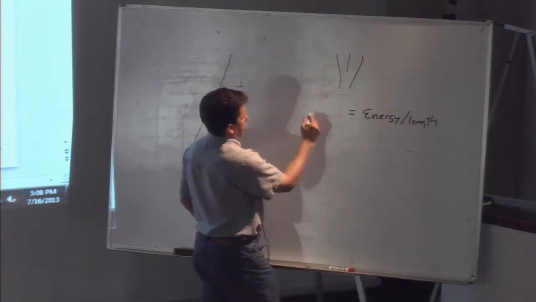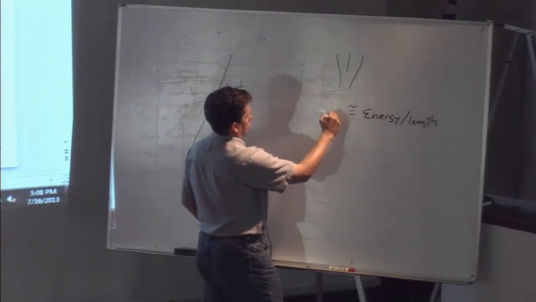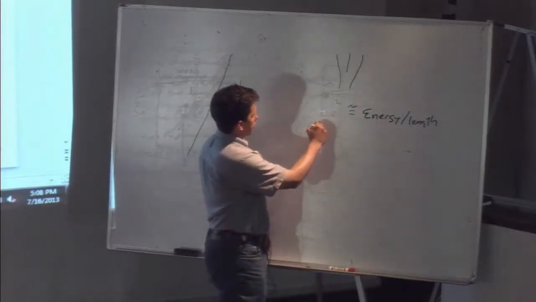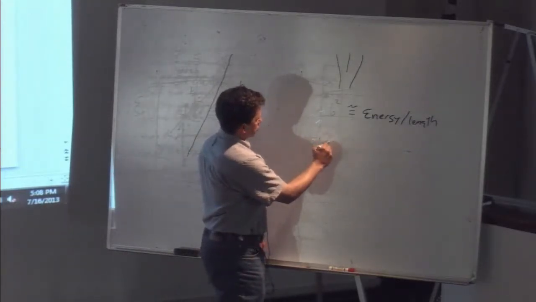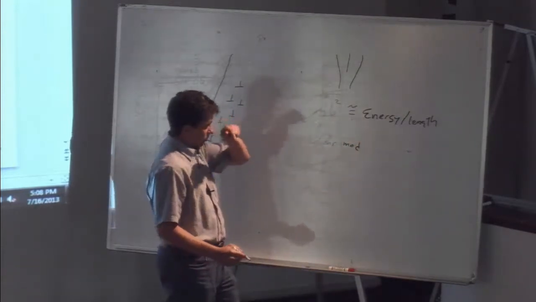And so that energy per length is proportional to the shear modulus, elastic modulus, and the Burgers vector squared.